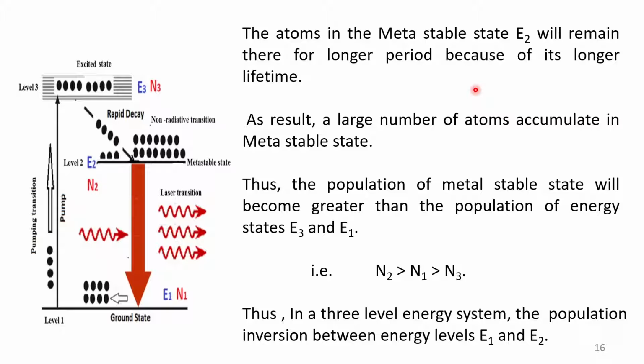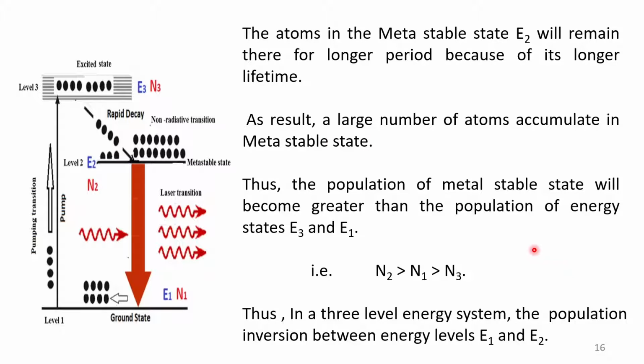lifetime. We have already seen that the atoms in a metastable state have a longer period, or a long lifetime. As a result, a large number of atoms start to accumulate in the metastable state.